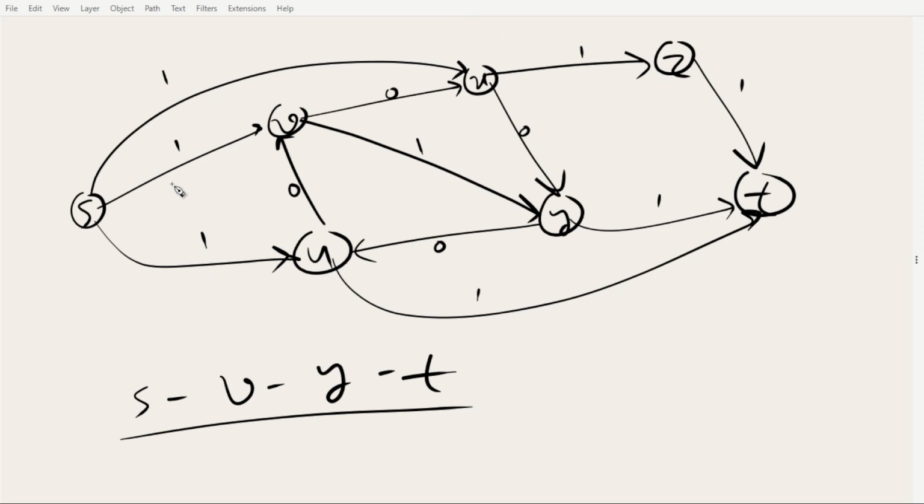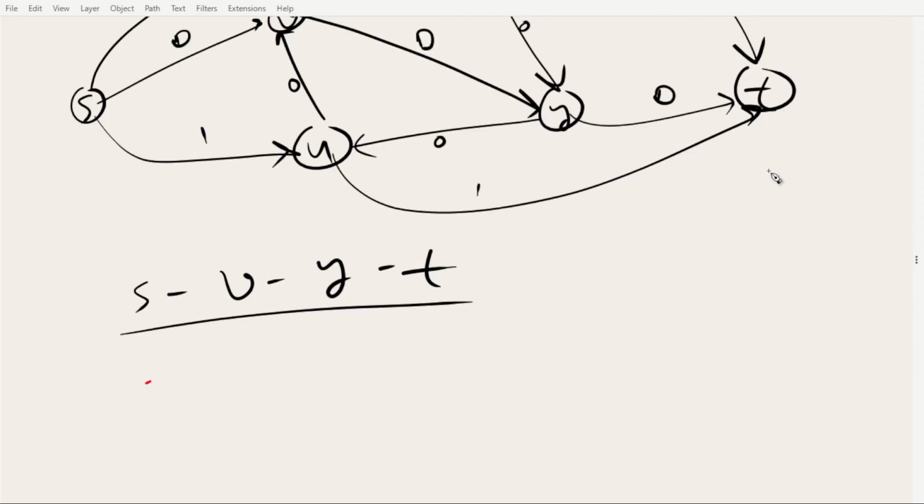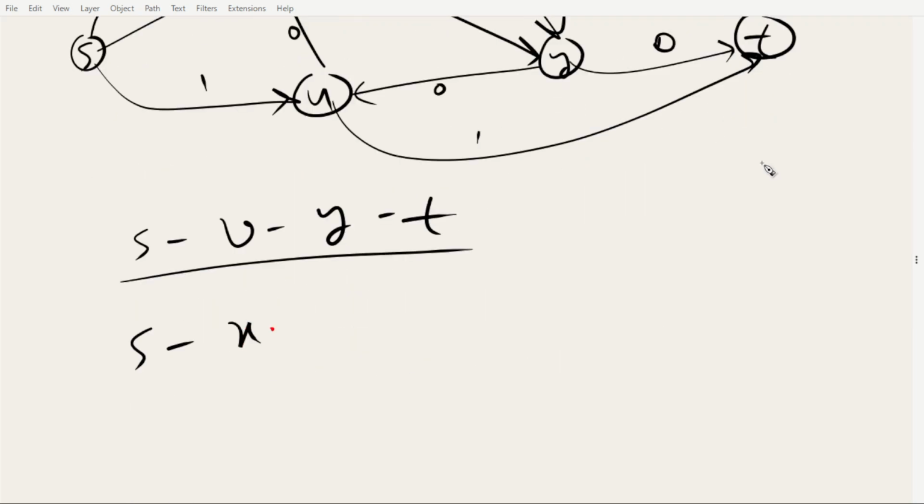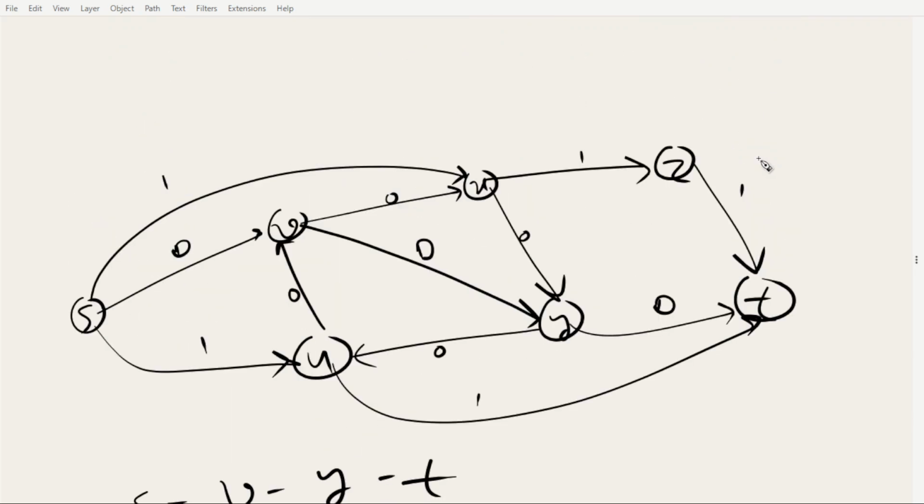Just for simplicity and to save my time and space, I will modify them here itself. So just change this flow as 0 along the ST path that we have selected. Again repeat the same process. So next we can take S to X, Z and T. We take this and once again we just decrease the flow along the path to 0.